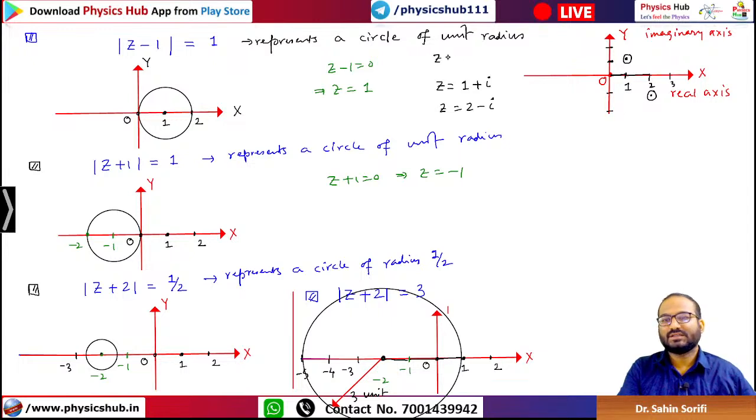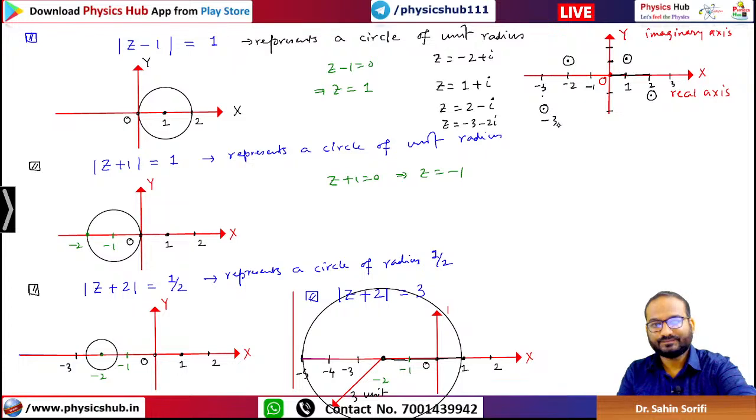If you consider, let us say, z is equal to minus 2 plus i, so this is minus 1, minus 2, so here. z is equal to minus 3 minus 2i. So it will be minus 3, minus 2i. So here will be this point, minus 3 minus 2i.